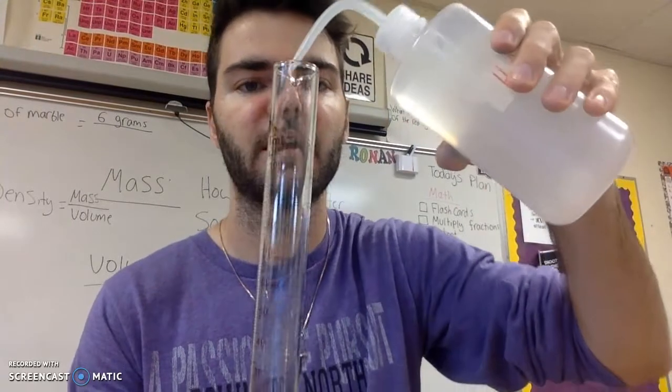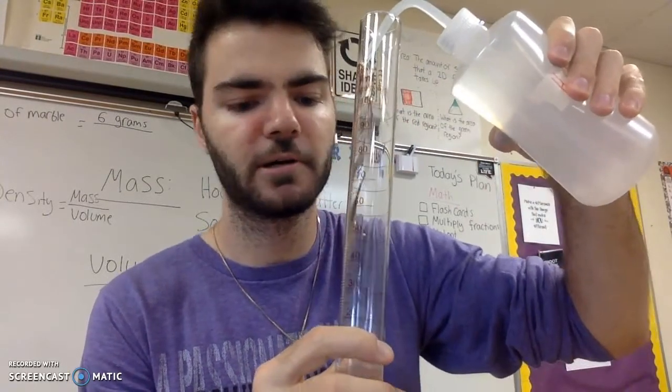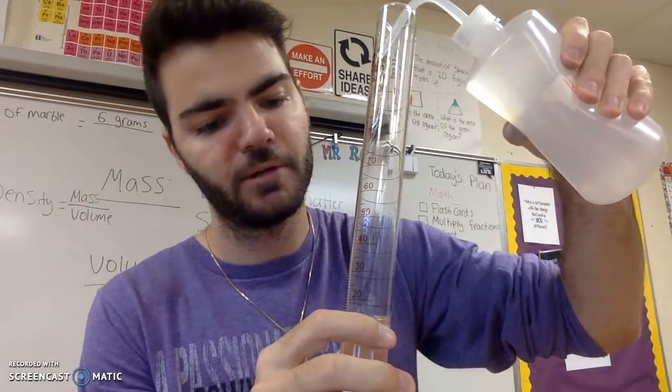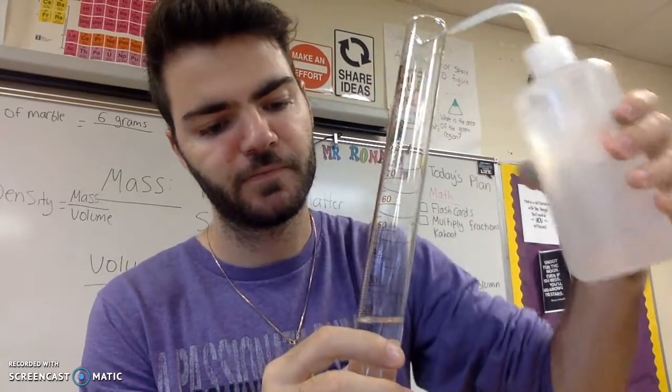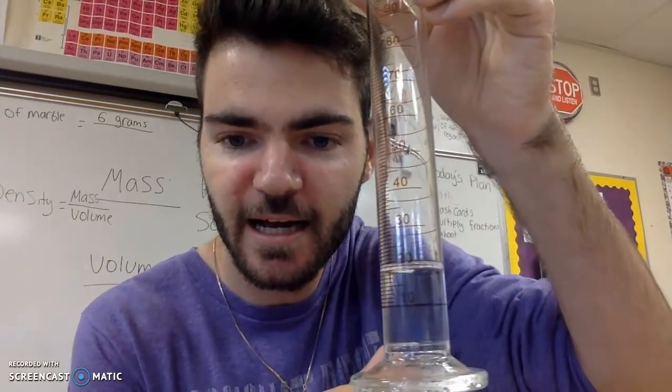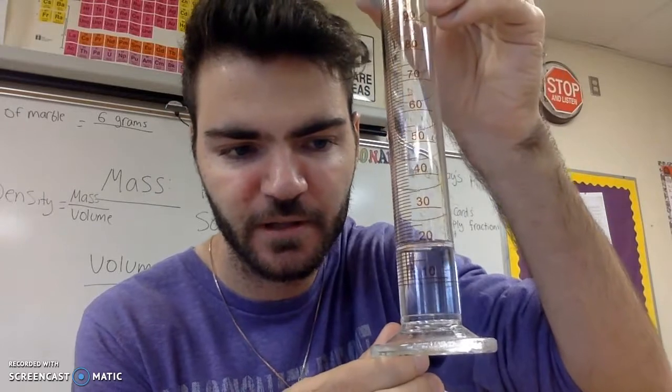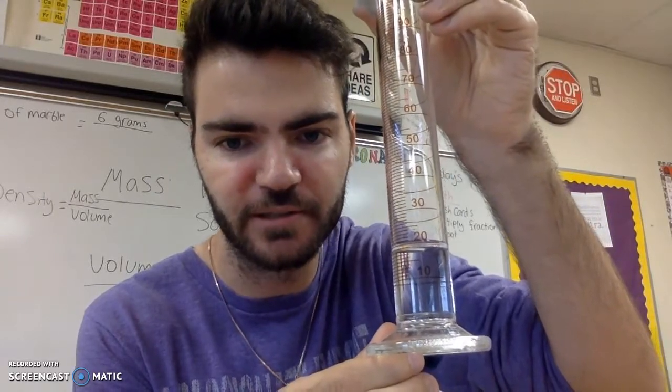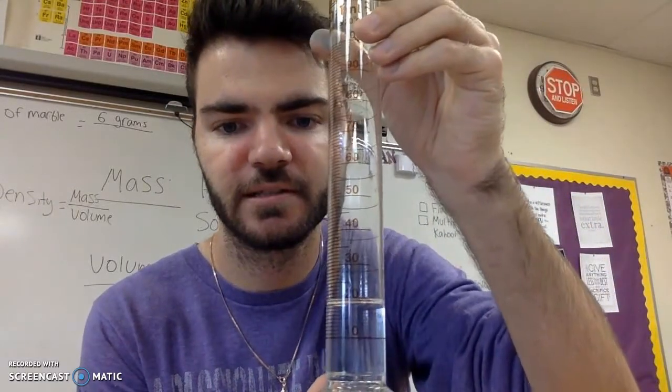So what that means is we're going to fill the test tube up with water, and we're going to choose a value we want it to be at, okay? So right here, I have the water set to, hopefully you guys can see it, it's right at about 20 milliliters, okay? It's not perfect, but it's at about 20 milliliters.